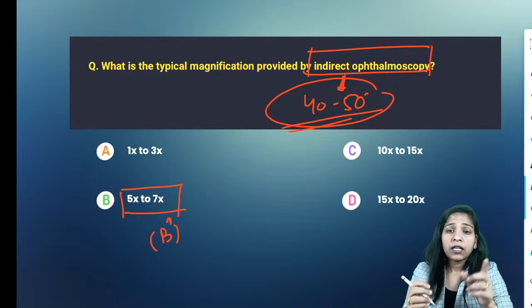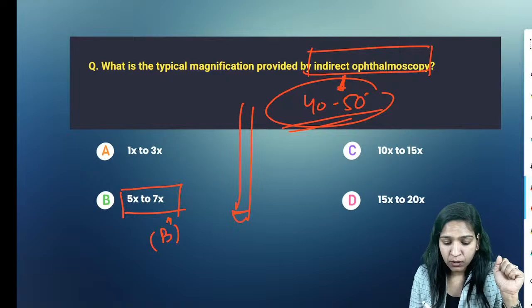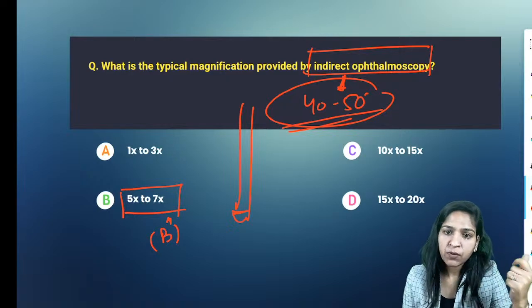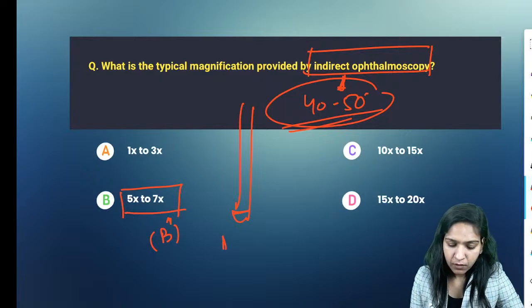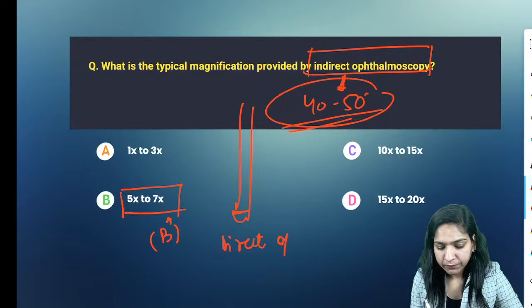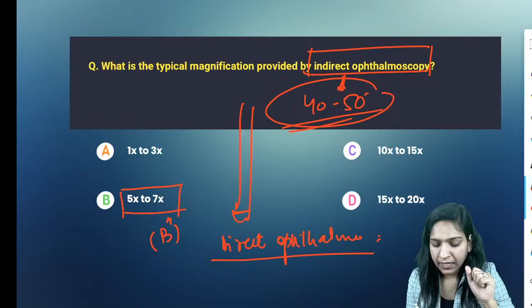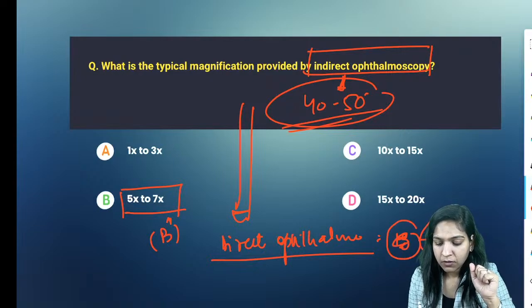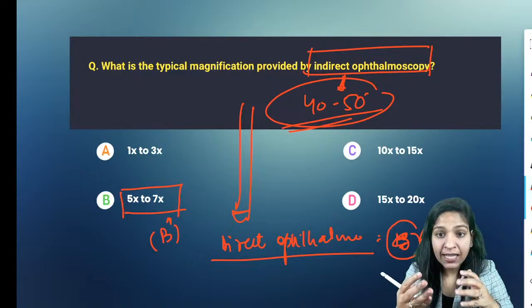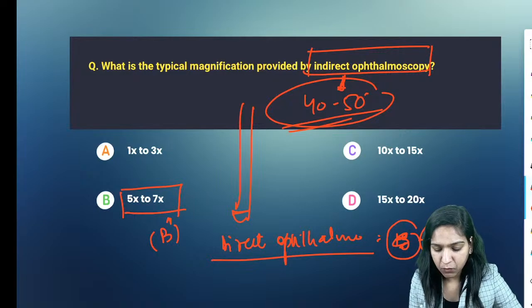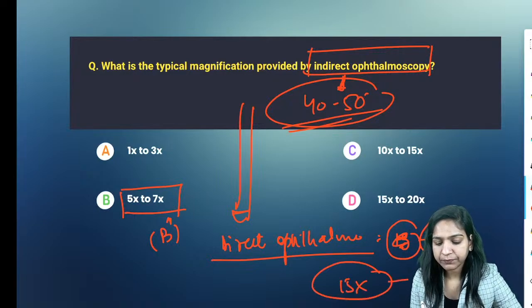But I would also like you to revise with me the magnification provided by direct ophthalmoscopy. In direct ophthalmoscopy, the area of visualization is around 10 degrees. The area of visualization is less, but the magnification is more, around 15x.